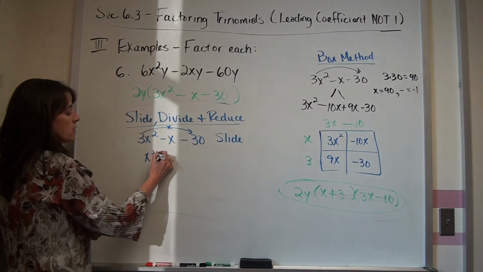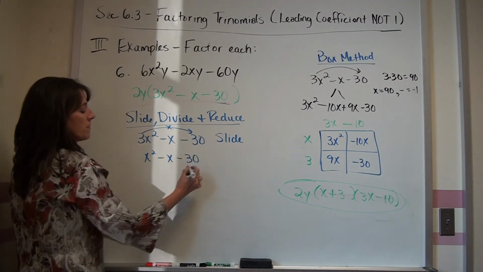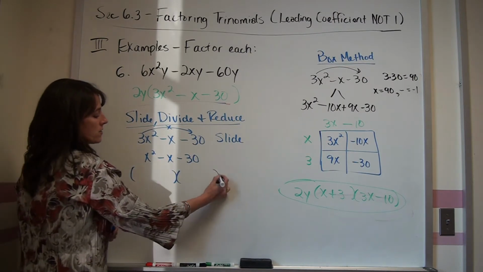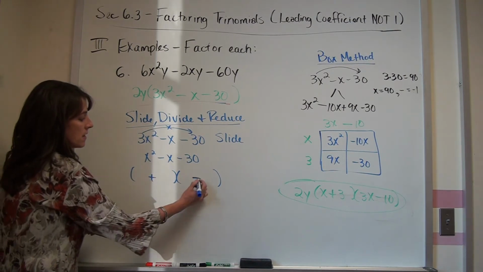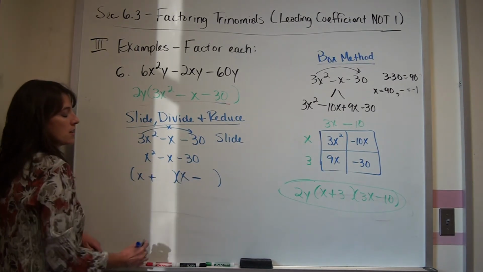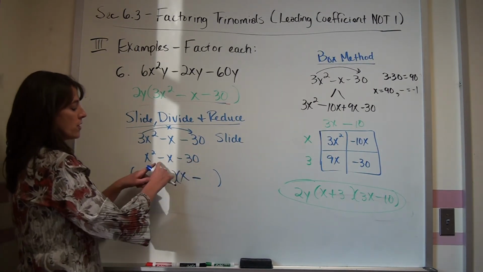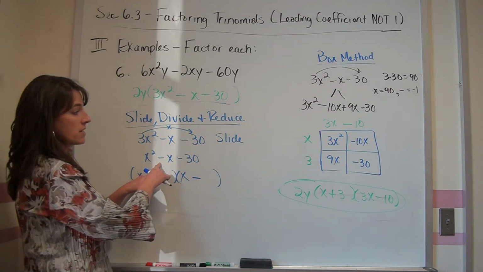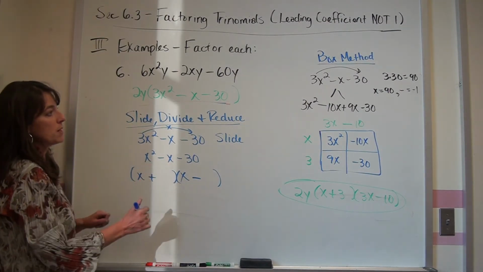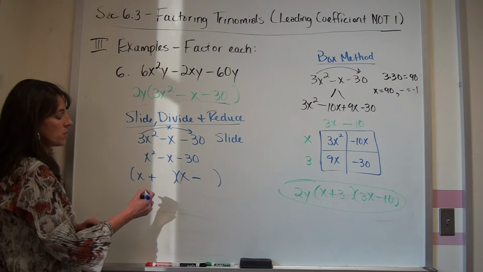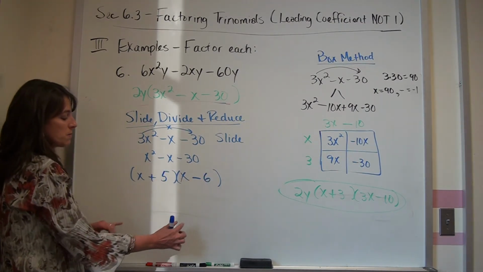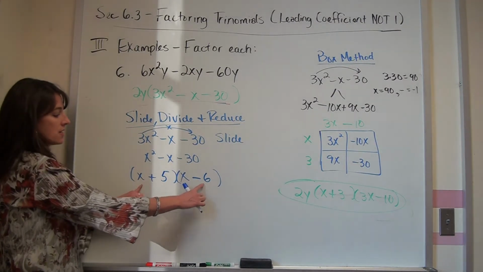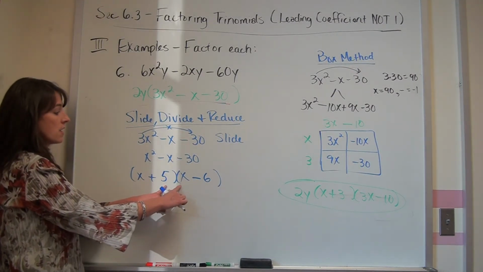And when I do, I get x squared minus x minus 30. That's easily factored into, this tells me different signs. Front slots are x and x. Two numbers that will multiply for 30, and they're going to subtract to be a 1 because the signs are different. And that's going to be a 6 and a 5. This will be my 5, this will be my 6, because out here I get a negative 6x, and here I get a positive 5x.